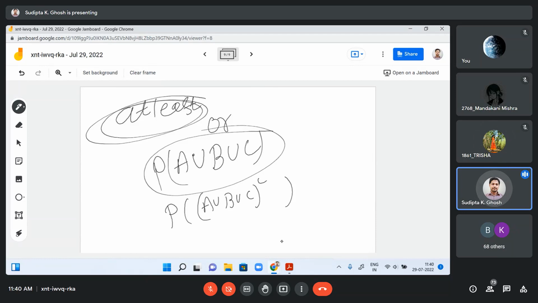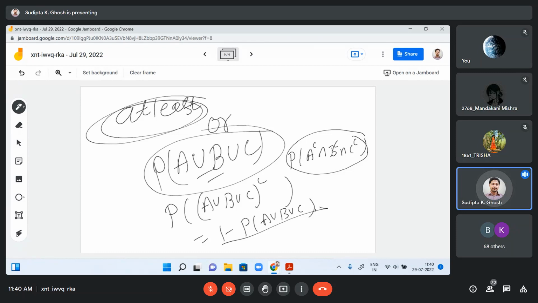Or you can also think in this model: probability of A complement intersection B complement intersection C complement. So whatever the number for the probability of A union B union C, you have 0.85. So 1 minus 0.85, we have 0.15. That number we have.